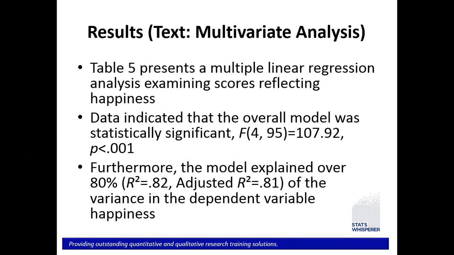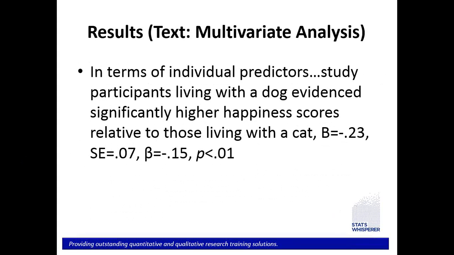Then we have another overall value, the R squared. So we say, furthermore, the model explained over 80%, we put the R squared and adjusted R squared, 80% of the variance in the dependent variable happiness. And then, just like we examined in the output, we're reporting it in that order.